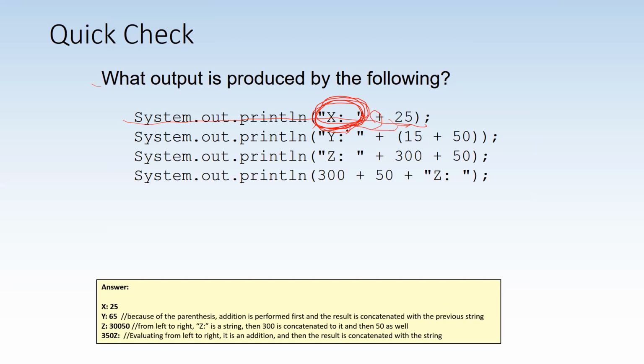So you concatenate them, right? And this is a string here. And because of this parenthesis, you will perform the addition first. That will be 65 appended to y. This is a string. So what will be output with this one?